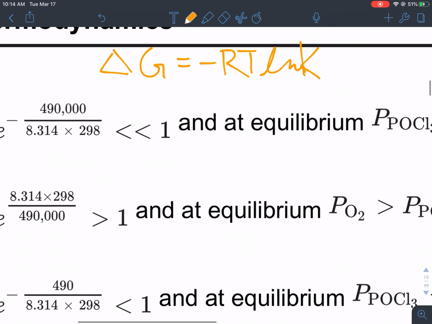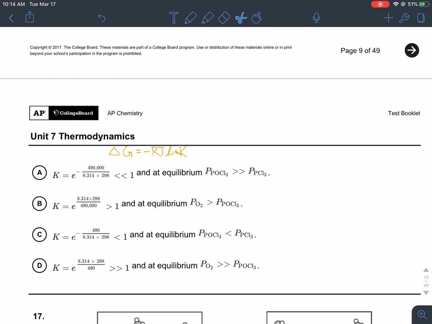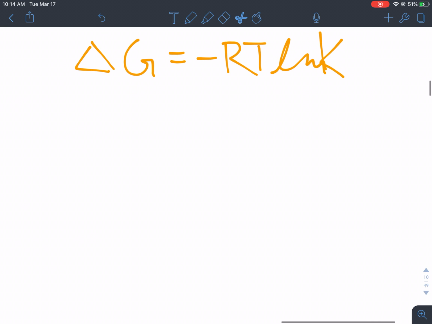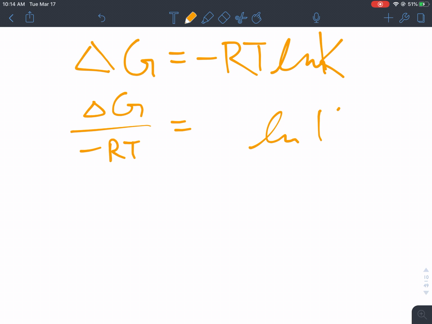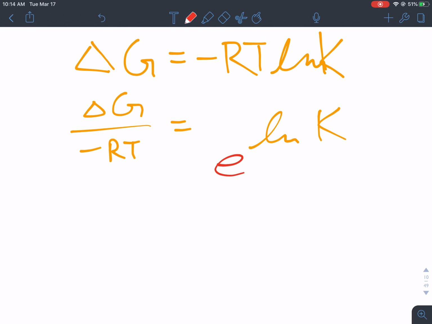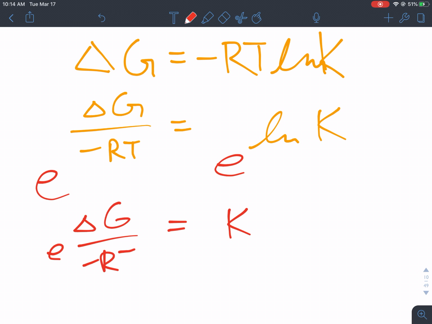I'm going to have delta G divided by negative RT, which gives me ln K. To get rid of the ln, I will set this as E to the power of, and then K is equal to E to the delta G over negative RT.